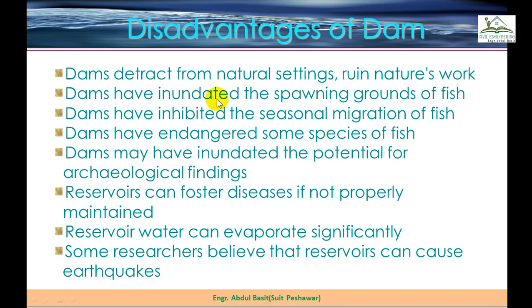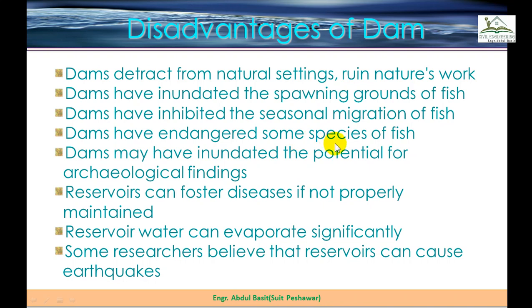Then dams have inundated the spawning grounds of fishes. So this is for the inhabitants of the river and ponds; dam construction may affect them adversely. Then dams may also restrict the seasonal migration of fishes, as I mentioned earlier.